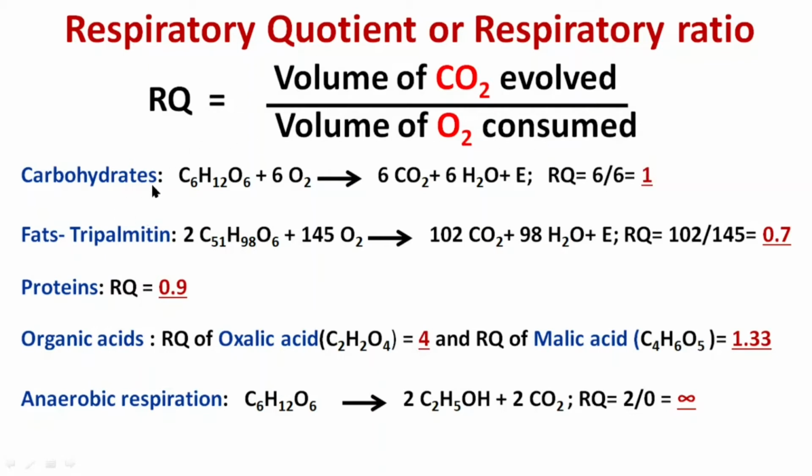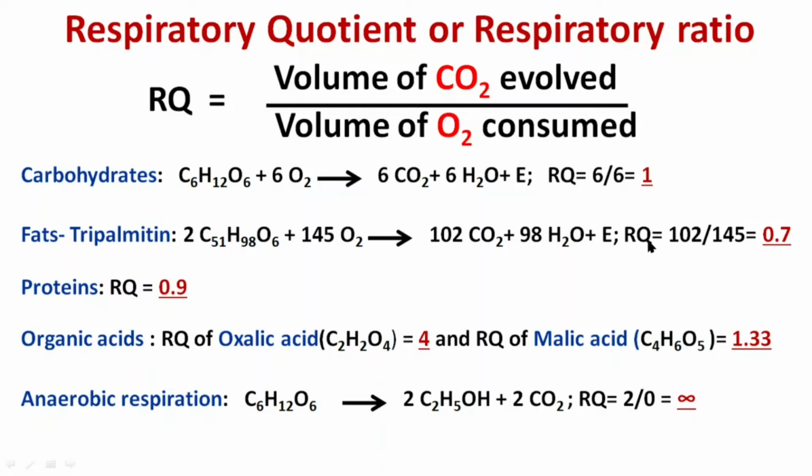When carbohydrates are not available, cells prefer to use fats as a respiratory substrate. Here the example that we have taken is tripalmitin. 2 molecules of tripalmitin, when they undergo oxidation, utilize 145 molecules of oxygen, and during this process 102 molecules of carbon dioxide are released and 98 molecules of water are produced along with the release of energy.